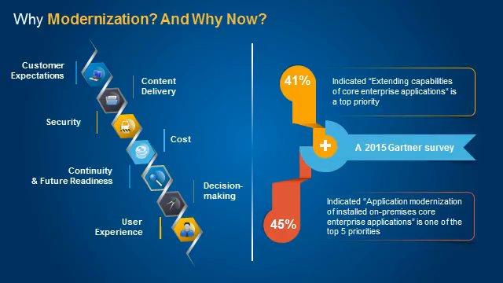Cost, which is again very important. So to achieve a better customer experience, it is not necessary that someone has to spend too much. It can also be done in a cost-effective way. And continuity and future readiness, which is simply the fact that technology is not going to be stagnant.